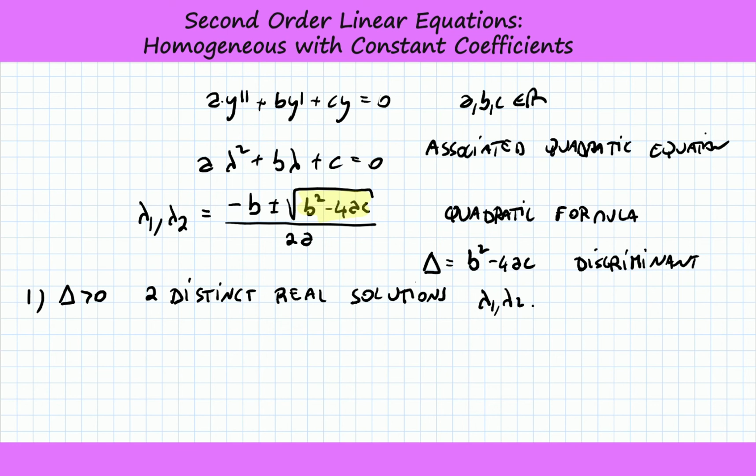Well, now in this case, I know that exponential to the lambda 1x will be a solution of the differential equation, and exponential of lambda 2x will be a solution of the differential equation.